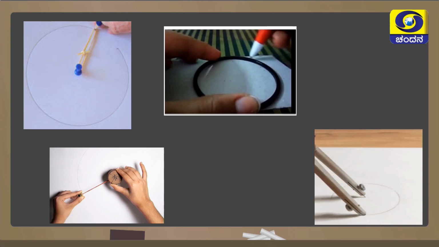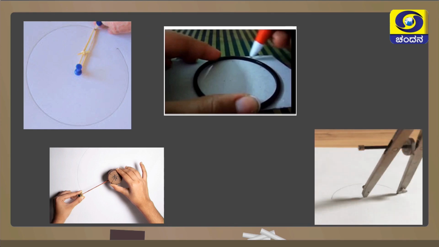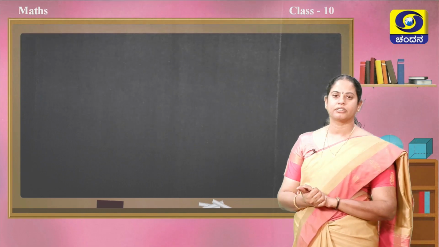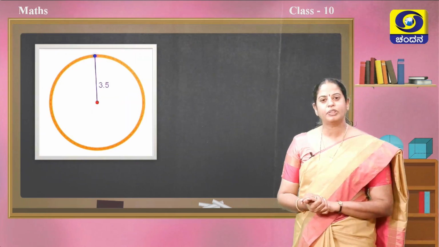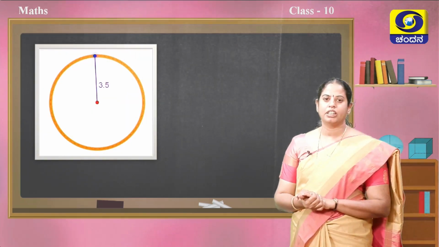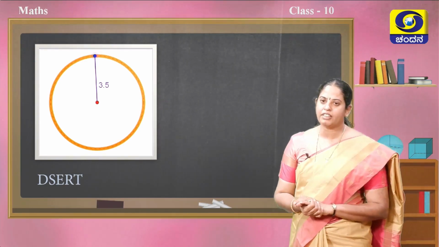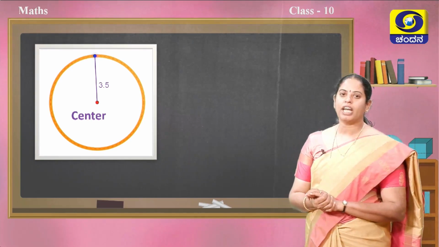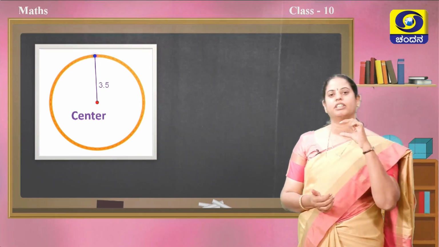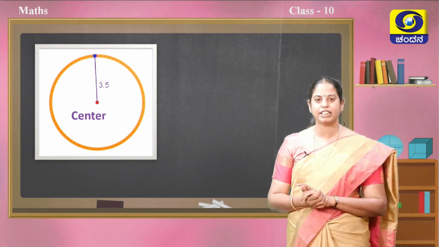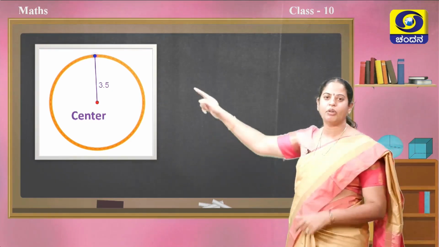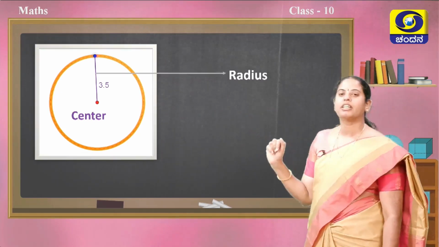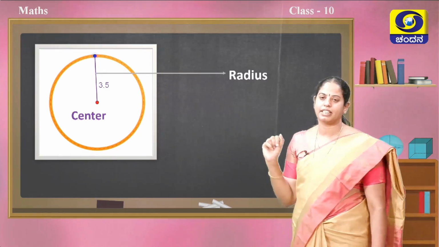Let us recall the basic terms related to the circle, children. Observe this picture. The red point we call the center. The distance between the blue point and the red point, that fixed length of 3.5 units, is called the radius.